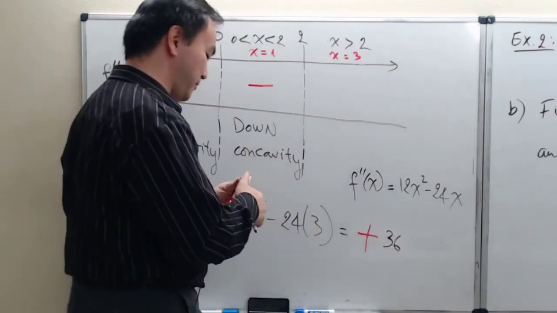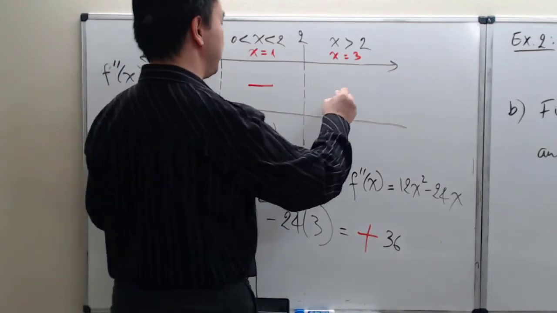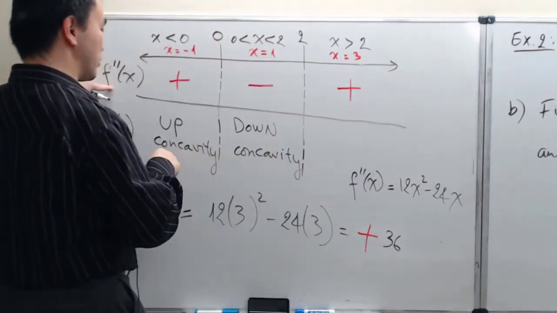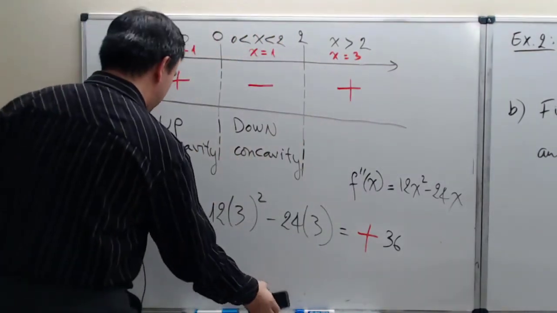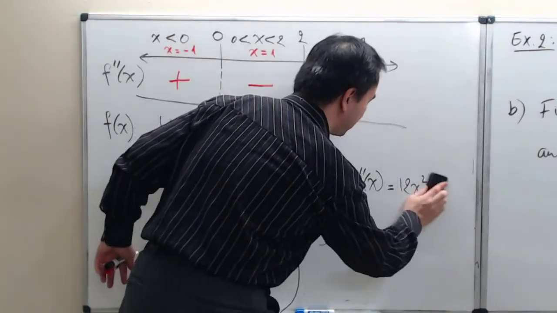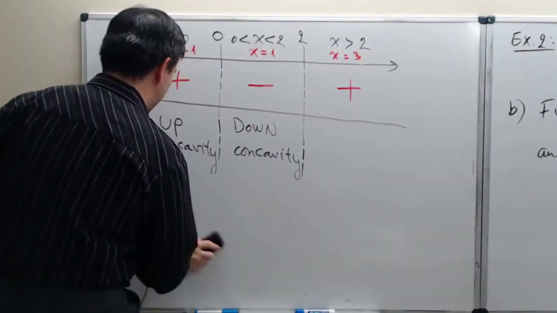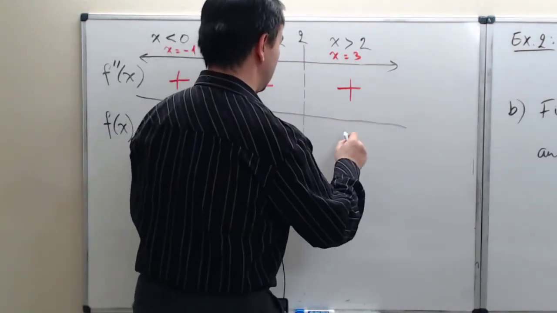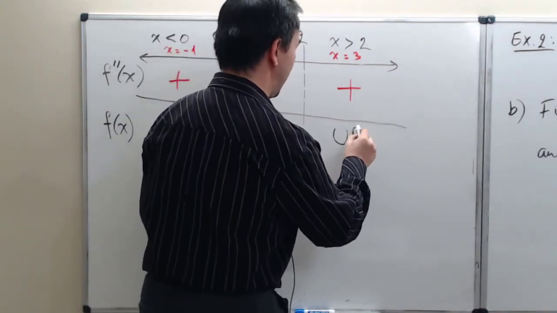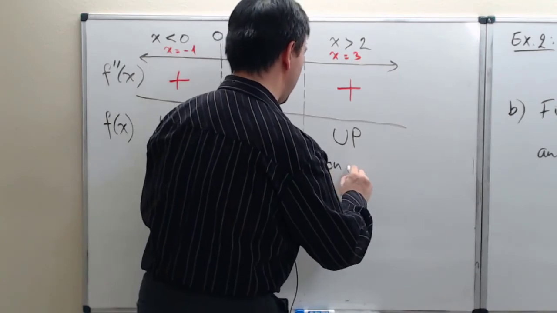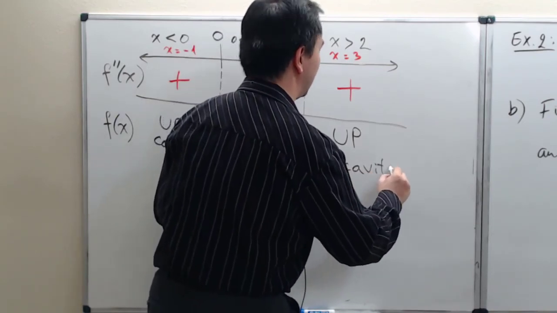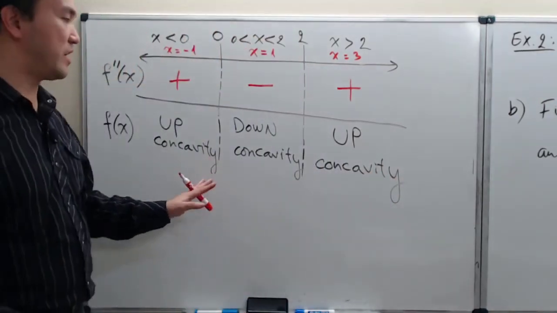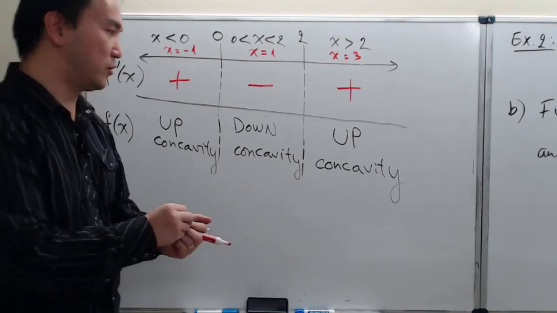So we're back to having a positive sign for our second derivative in this interval. That means the function itself will be concave up. We'll have the upward concavity in that interval. All right, and so now we have enough information to make our final conclusion here.